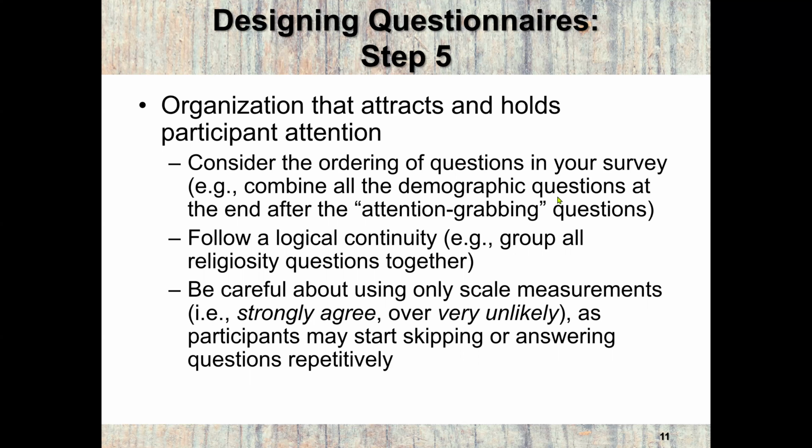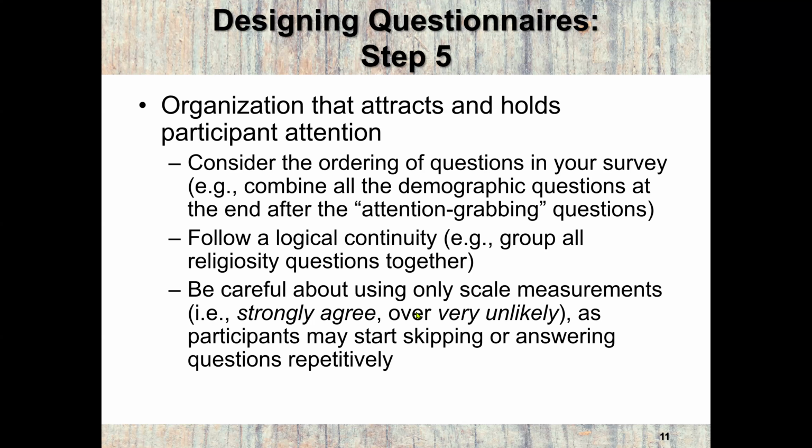I will make sure that I combine all the demographic questions together, so your age, your race, income, etc., are all together. Also, we should follow a logical continuity. Group all the religious questions together, and that's what I mean. Whatever subject the study is about, we group all those questions together.